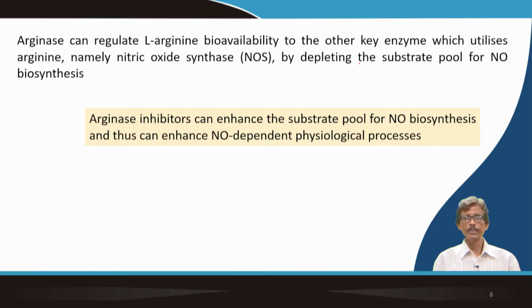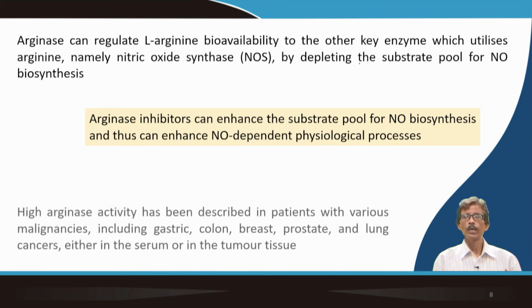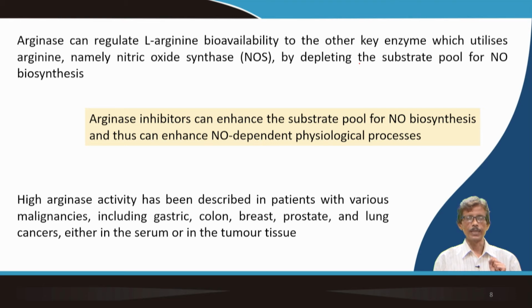If you have some inhibitors like this that can enhance the substrate pool, that means the arginine will not go down the arginase hydrolysis path, but will remain as arginine, and that arginine can be utilized for your NOS activity. We are not going to consider that here, but it definitely has some repercussions.